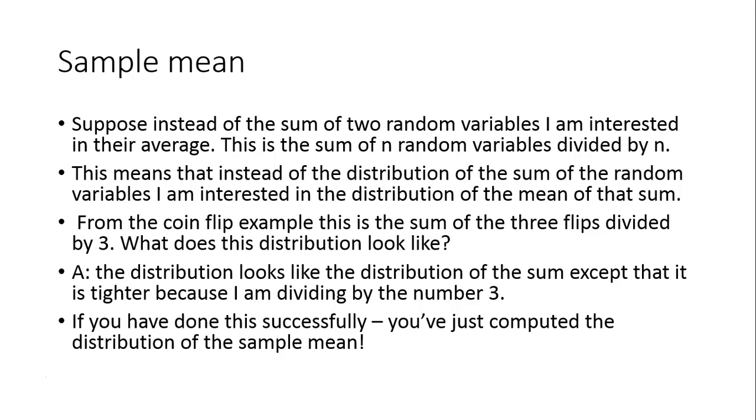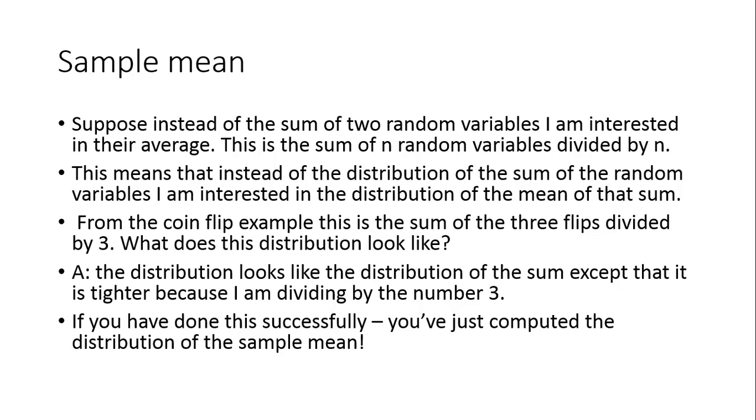Suppose I add up x1 plus x2 plus x3 equals z. z is the sum of x1 plus x2 plus x3. Now, if I divide z by 3, I'm just doing a transformation. The new transformed random variable is the distribution of all possible averages of x1 plus x2 plus x3 divided by 3.